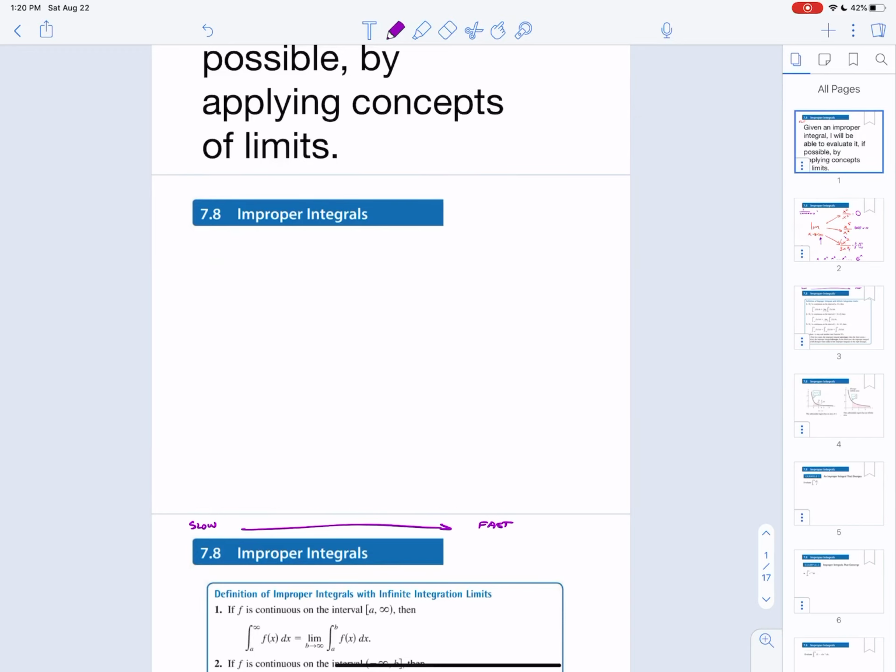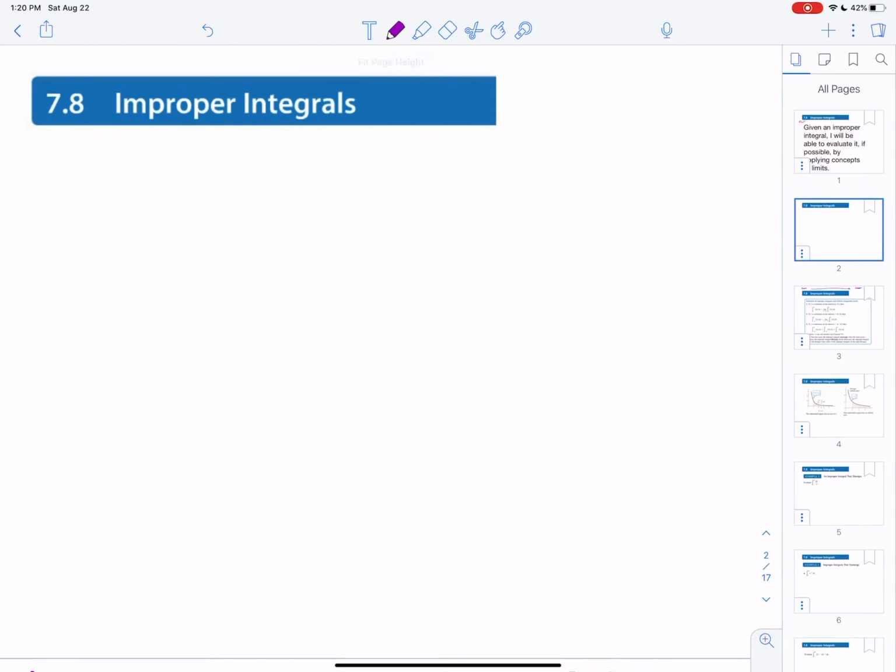What the heck is an improper integral? An improper integral is when you have the integral of some function, but one of your upper or lower bounds, or both, is infinite. So, let's say we're going from a to infinity.